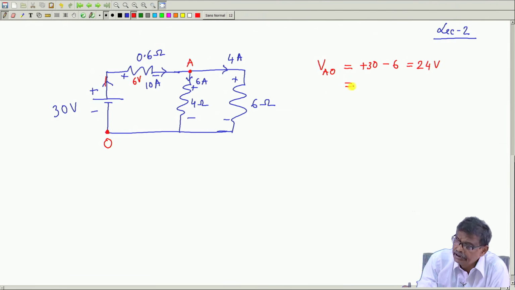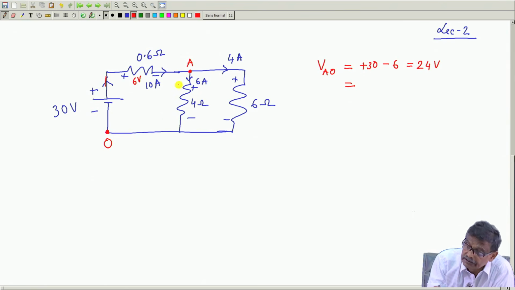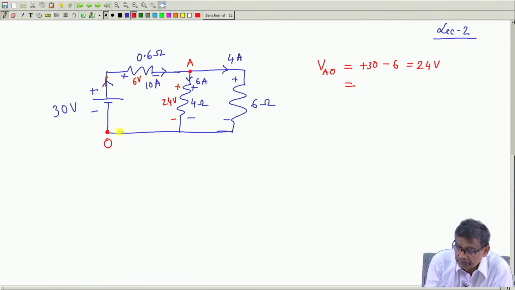As I told you, it does not matter how you reach point A starting from O. For example, if you go via this path, then from here to here there is no voltage drop, but from here to here the voltage drop is plus minus 6 ampere into 4. So, 24 volt. So, you have reached this point, then from this to this you have reached A. So, that is also 24 volt.